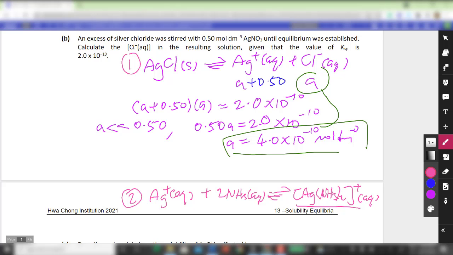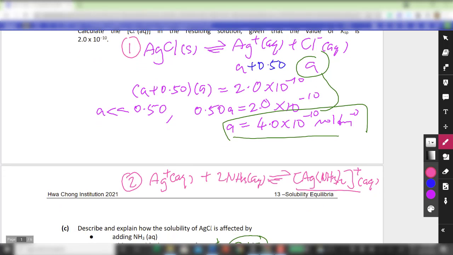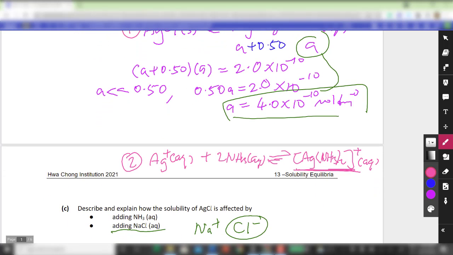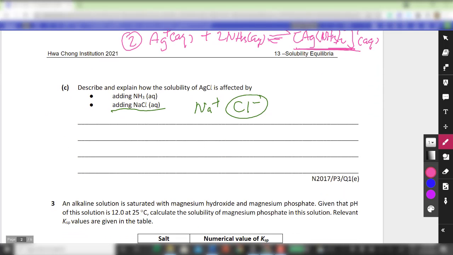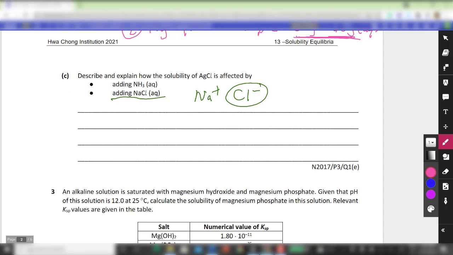According to Le Chatelier's principle, the removal of silver plus in equilibrium 1 will cause the position of equilibrium 1 to shift to the right, enhancing the solubility of silver chloride. So adding excess ammonia will result in the formation of this particular complex, and therefore increases the solubility of silver chloride. I hope this is clear for you.